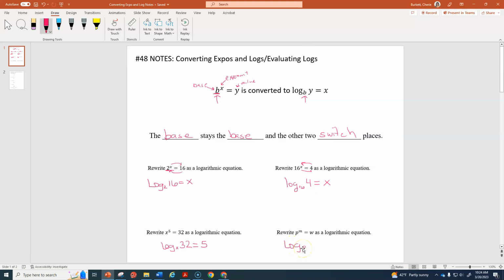Log base P of, the other two switch places. The W is going to move over here and the M is going to move over there. W equals M. And now these two letters are the same size font as the log. So everything should be the same size except for the base of the log.